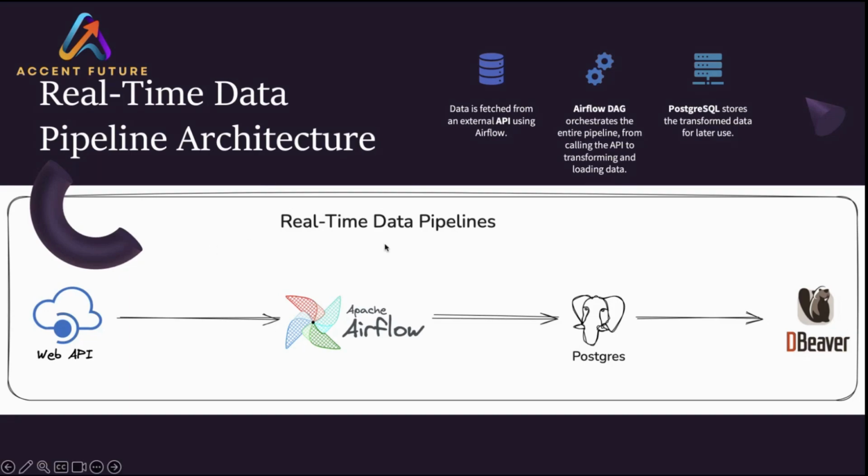So this real-time data pipeline is nothing but I'm taking one open source real-time API, and that API I'm connecting to Airflow, and I'm asking Airflow, okay, you take data from the API and you load into Postgres. And I'm asking to orchestrate this daily job. This is one of my client's requirements, so I want to schedule this on a daily basis.